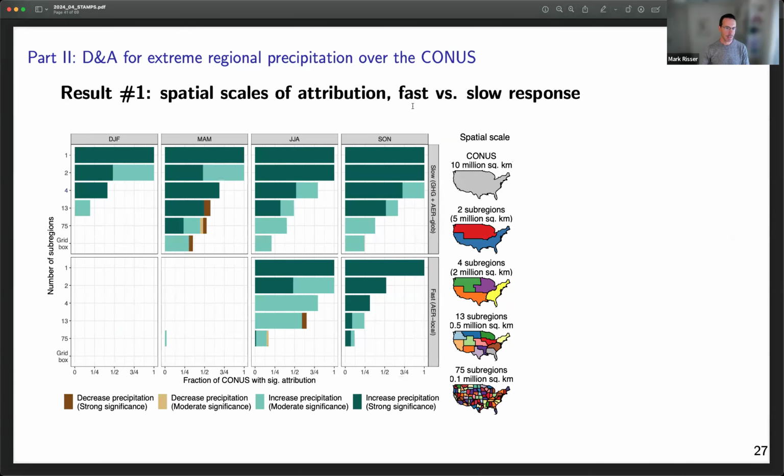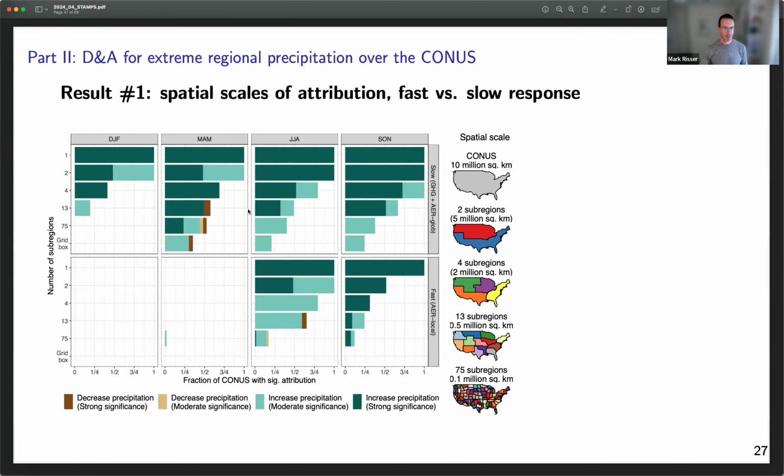And so here's this first results figure, looking again at the spatial scales. There's a lot going on in this plot, so let me try to walk you through it. The different columns represent the different 3-month seasons. So DJF, that's December, January, February, wintertime; March, April, May, or spring; June, July, August, or summer; and then September, October, November, and autumn.